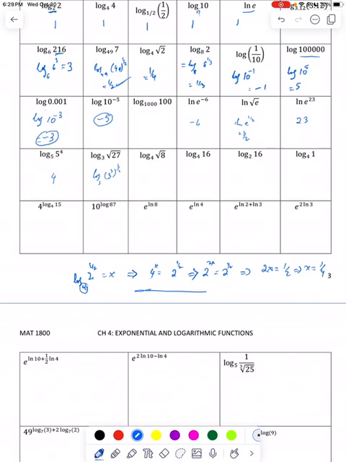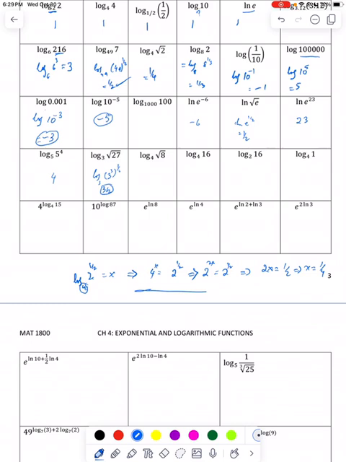Again, if you cannot see it directly, set it equal to x and then make both sides powers of 3. The base should be 3 and the powers will be different, then you equate them. Okay, you guys should be able to do that.